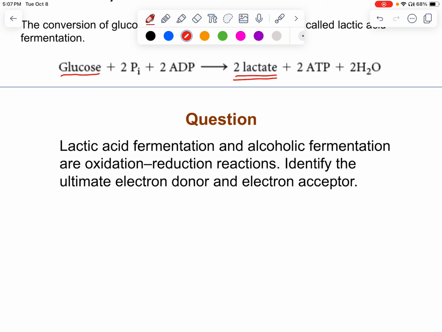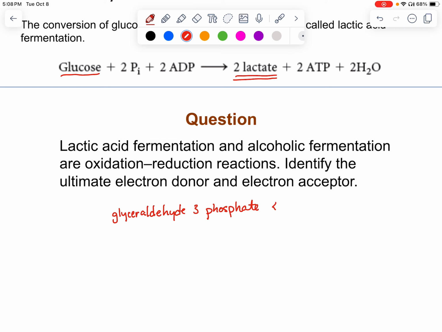If you go back and look in your glycolysis, you'll find we have that glyceraldehyde 3-phosphate molecule. That was in that first reaction with our dehydrogenase, and that donated electrons to our NAD+.